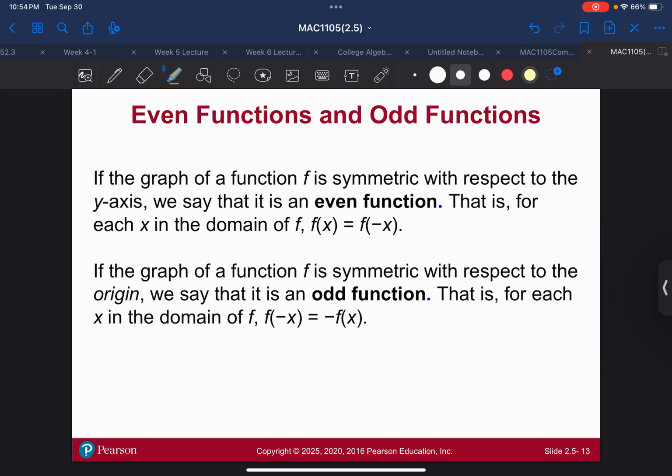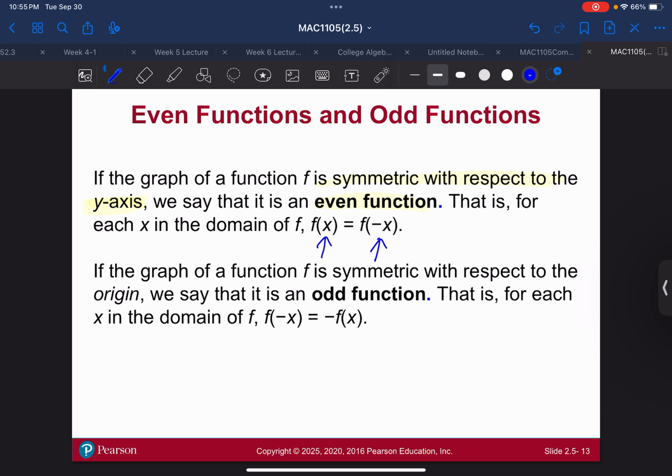Okay. So if a graph of a function is symmetric with respect to the y-axis, then we say that that function is even. And so we can remember when we were testing whether a function is symmetric about the y-axis, we replaced x with negative x.